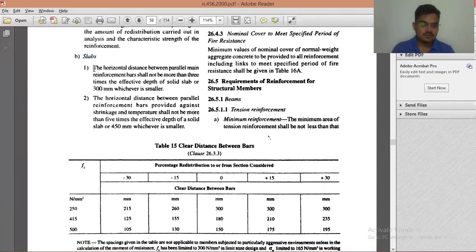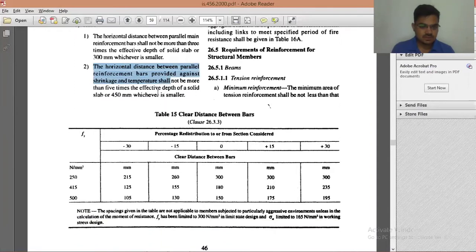For slabs, the horizontal distance between parallel main reinforcement bars shall not be more than 3 times the effective depth of solid slab or 300 mm. There are two cases. First one is 3 times effective depth and second is 300 mm, whichever is smaller. And the second one is for distribution steel.